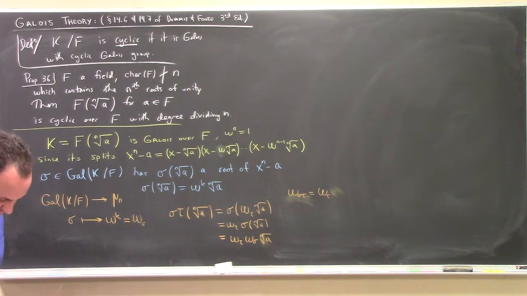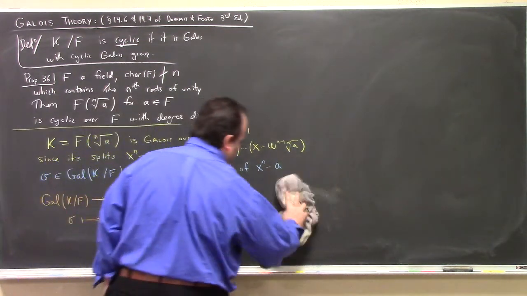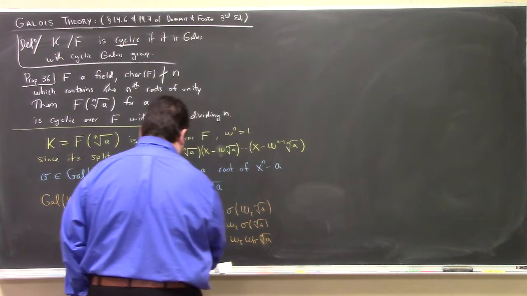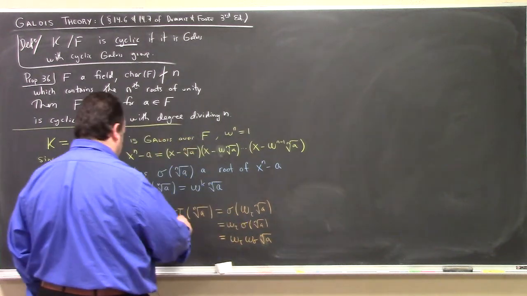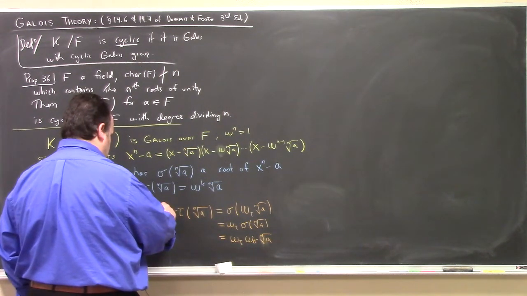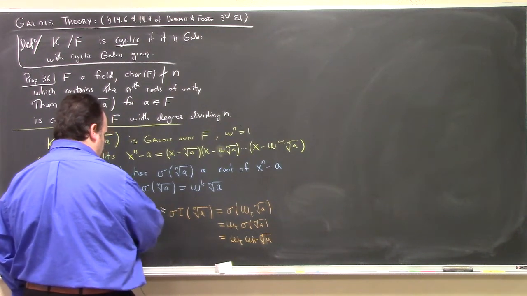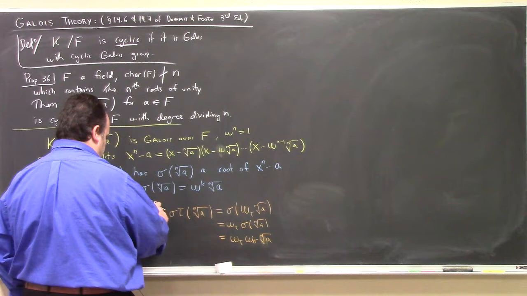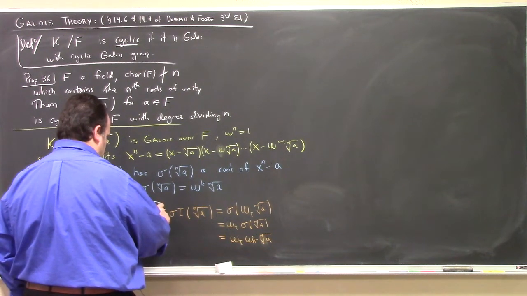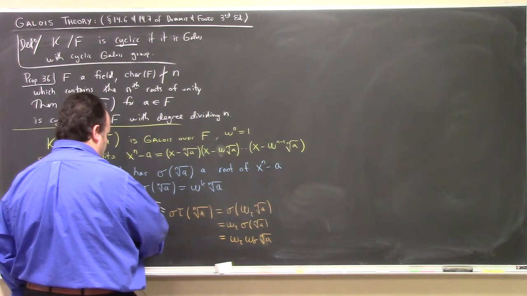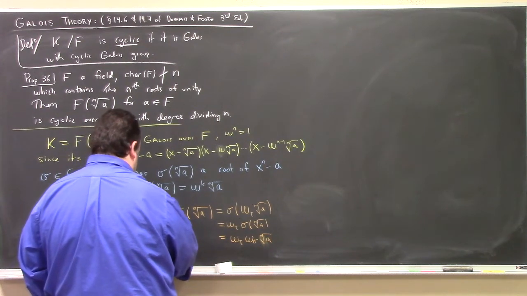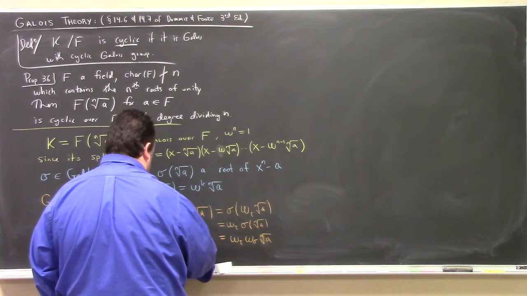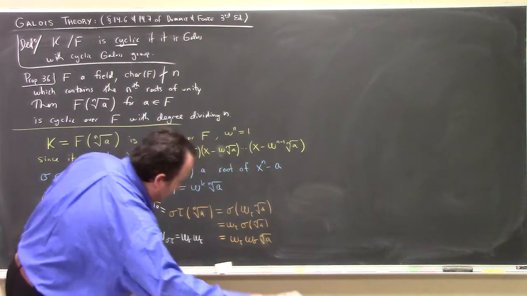These are numbers, so they commute. So what he gets is omega sigma tau equals omega sigma omega tau, which shows it's a homomorphism.